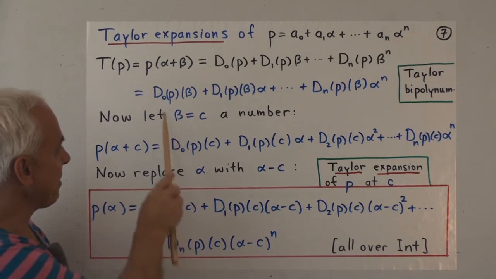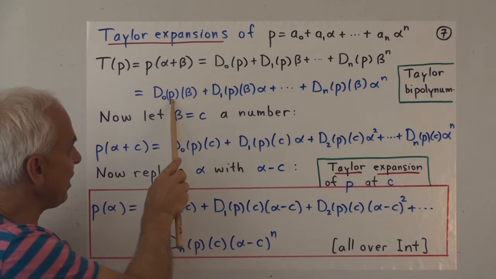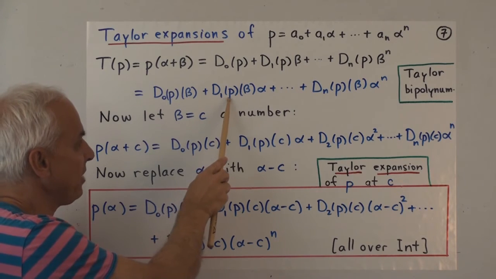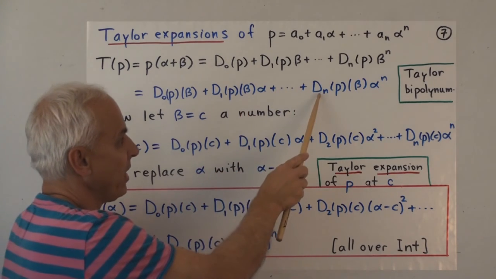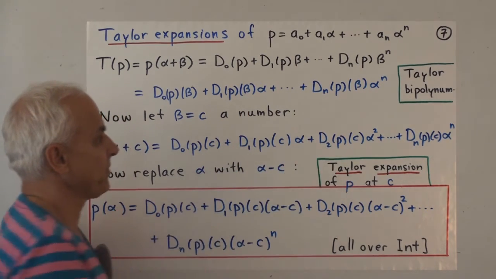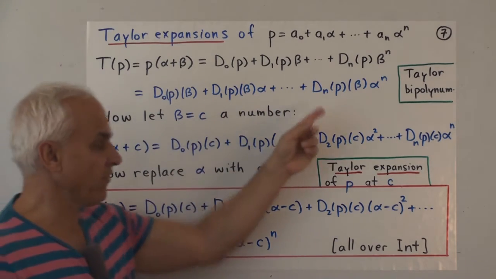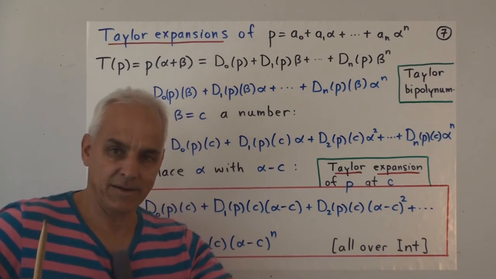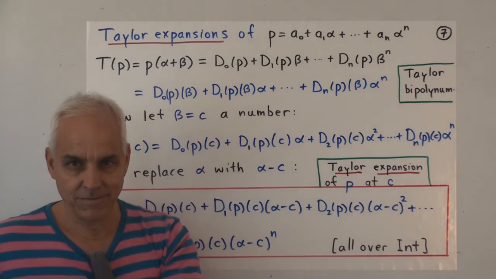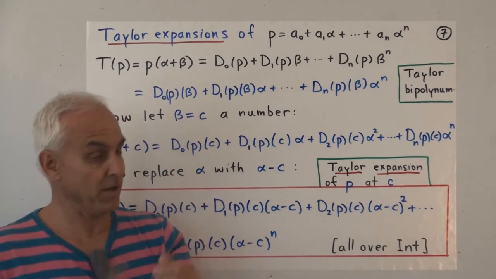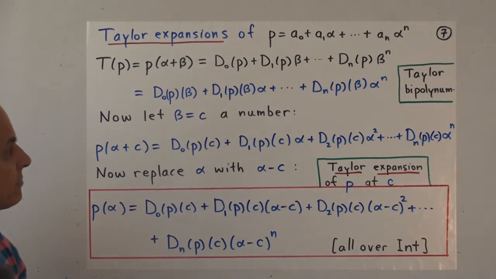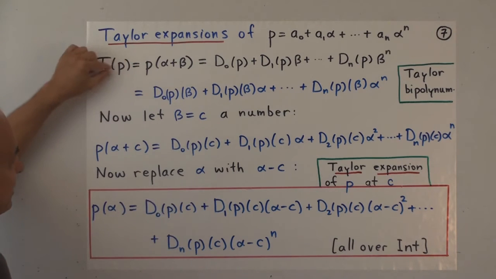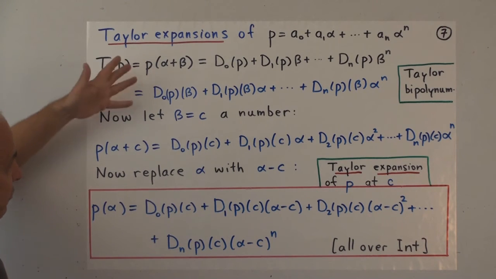So I'll make that explicit by writing d0 p of beta, d1 p of beta, all the way up to dn p of beta. So these are the various subderivatives evaluated at beta instead of alpha, because we're interchanging the alphas and the betas. So that's just the Taylor bipolynumber rewritten.